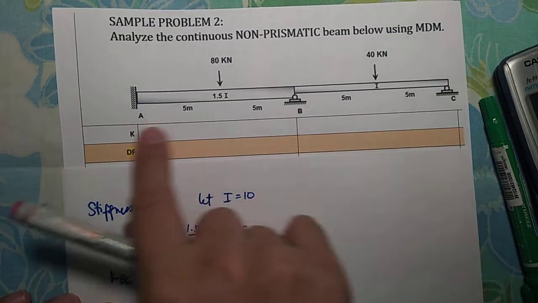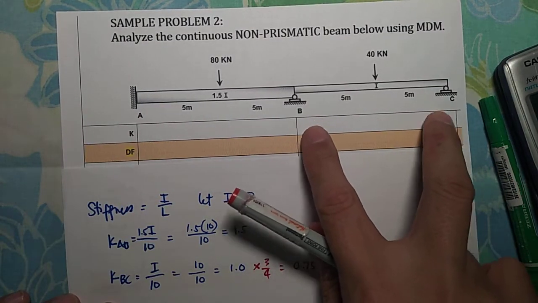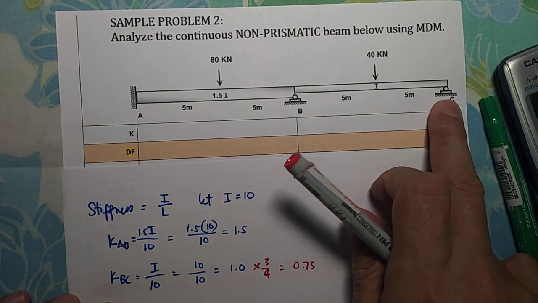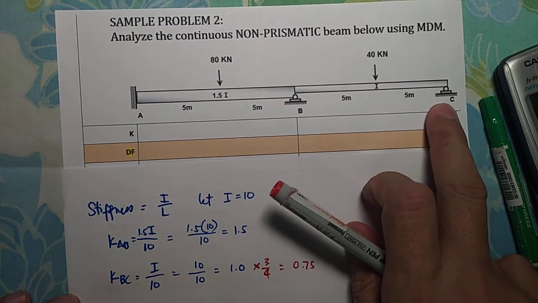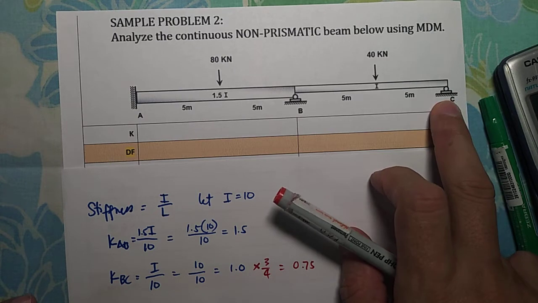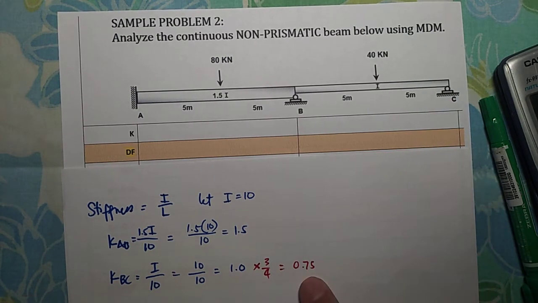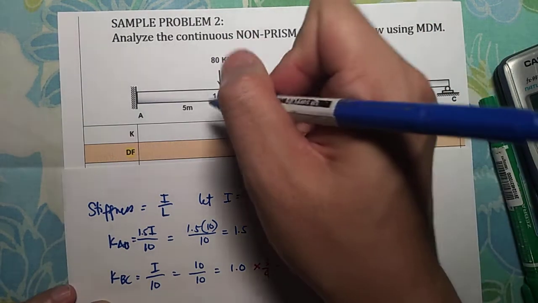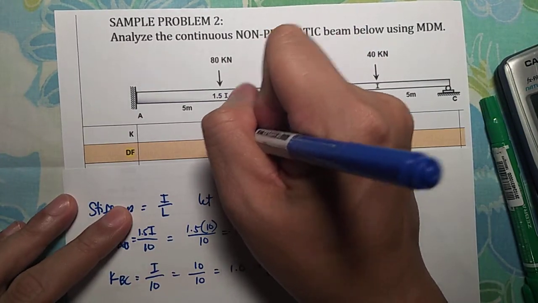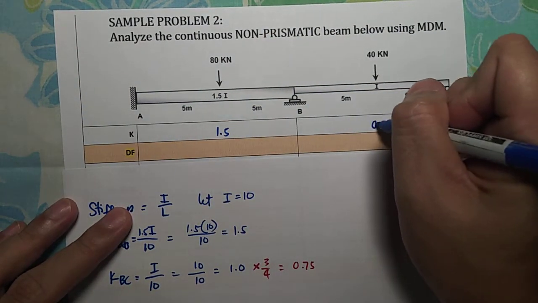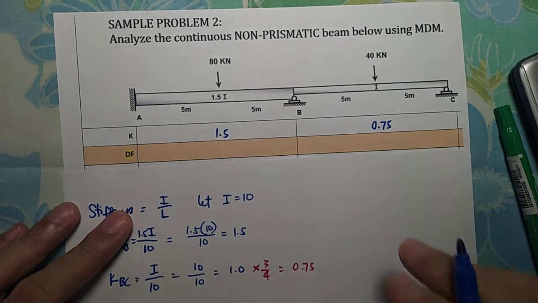But for this continuous beam, ito lang yung i-modify natin ng stiffness kasi ito lang yung dulo ng beam kung saan ang moment sa dulo is 0. So that is the stiffness. So this is 1.5 and this is 0.75.